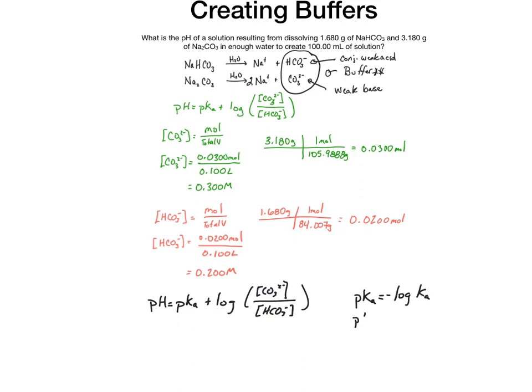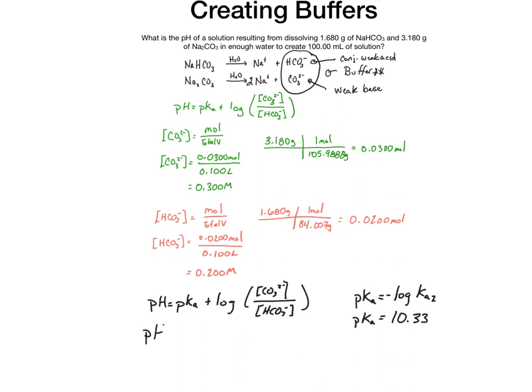And if I look up the Ka, this is going to be Ka2. If you're still unclear about how to figure out which Ka to use, please go watch the chapter 16 video about reading the Ka-Kb table. And so the pKa is equal to 10.33.